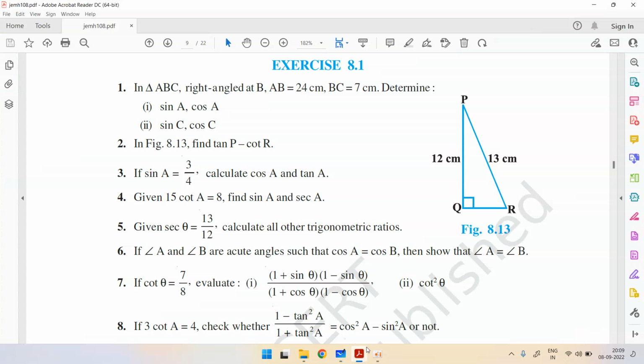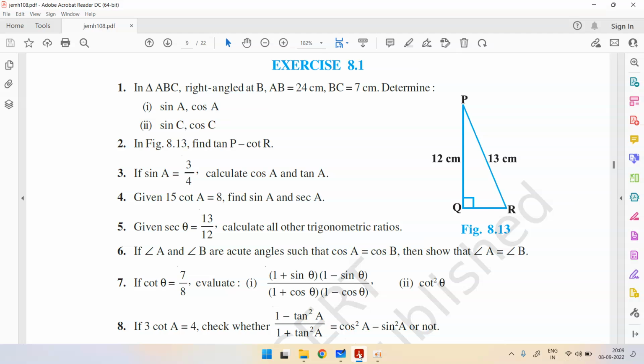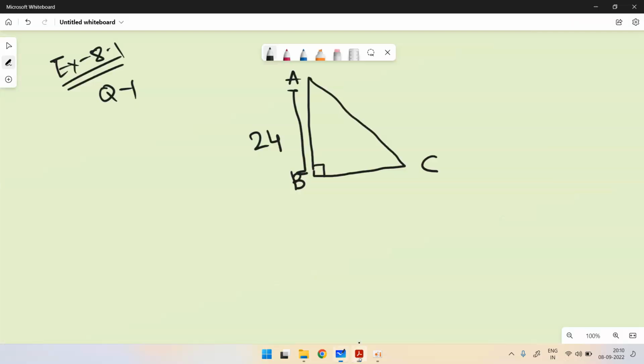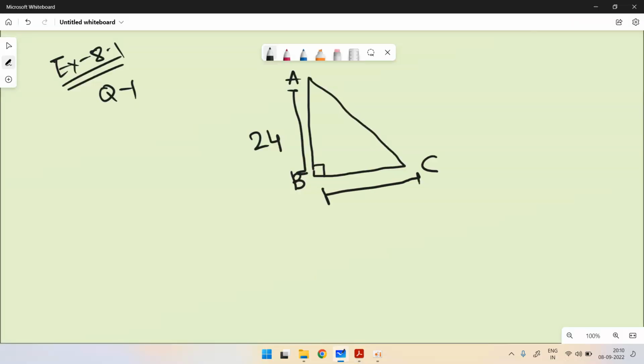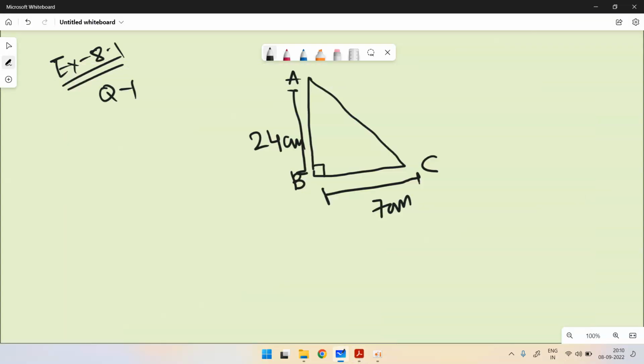It says that in a triangle ABC, right angle at B. I am taking AB to be 24 centimeters, and BC is 7 centimeters. Determine sin A, cos A, sin C, cos C.